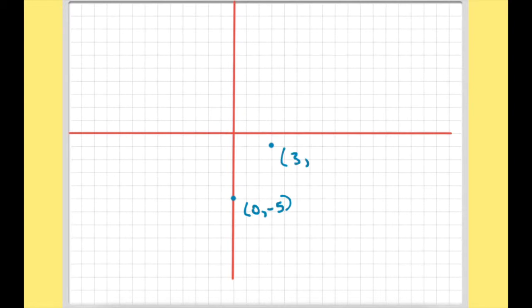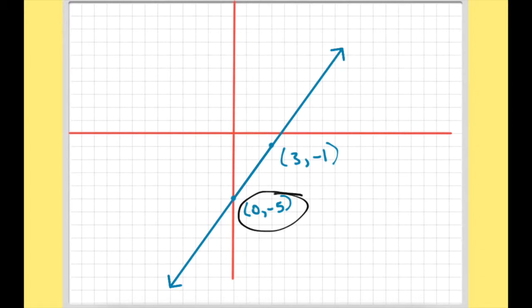And they want you to determine the equation of the infinite line that connects both of them. So again, to write it in slope-intercept form, we need to know two things: the slope and the y-intercept. Now the y-intercept is given to us because the y-intercept occurs whenever x is 0, when it hits the y-axis. So that's the first point they gave us.